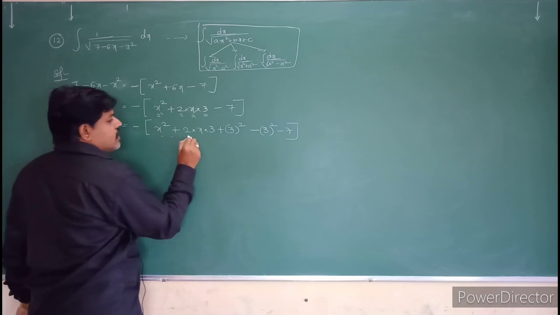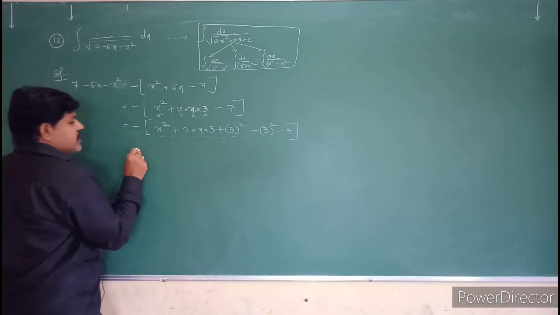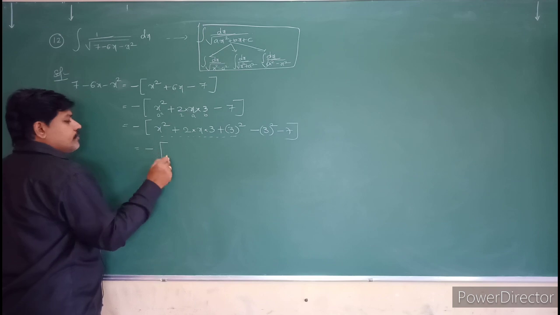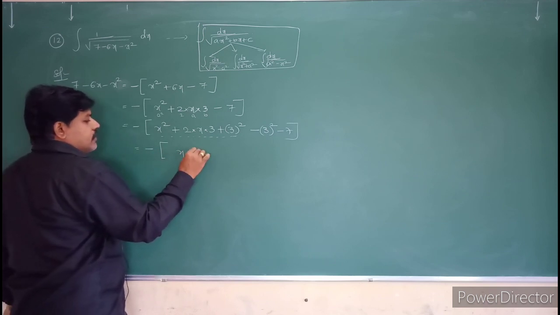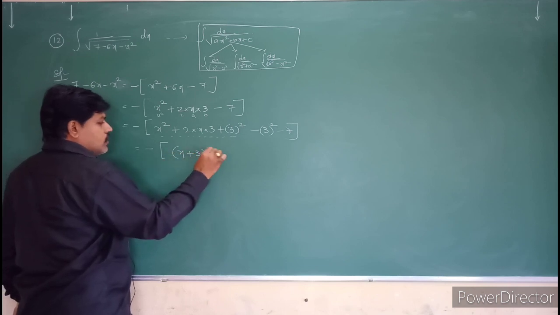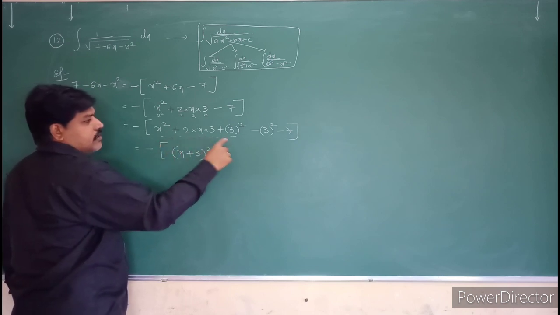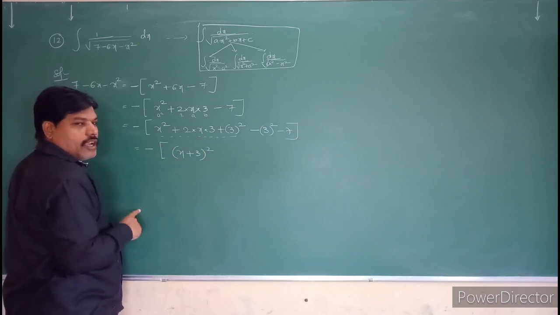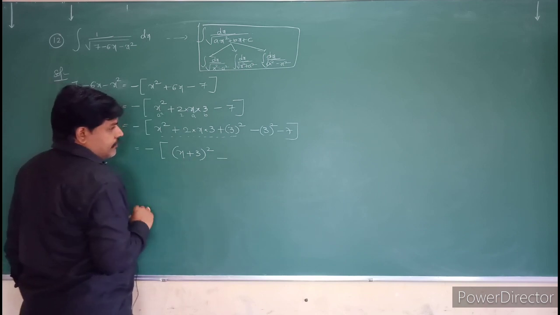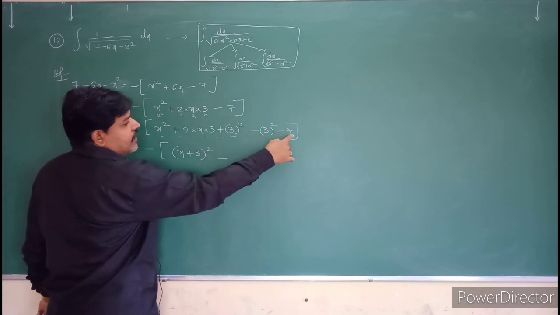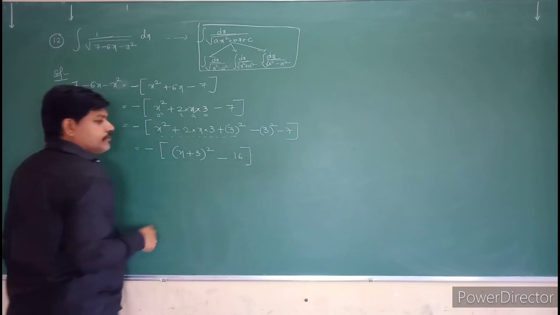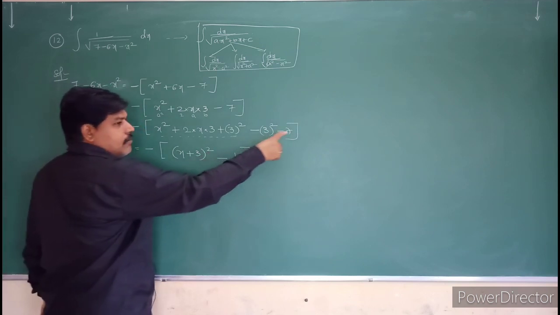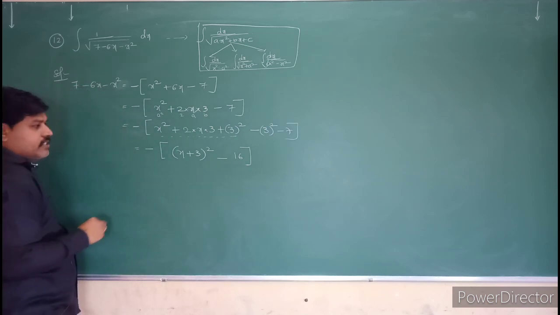So you can understand that the first 3 terms are in the form of x plus 3 whole square. What are these 3 terms? It will become x plus 3 whole square minus 9 minus 7, it will become minus 16.